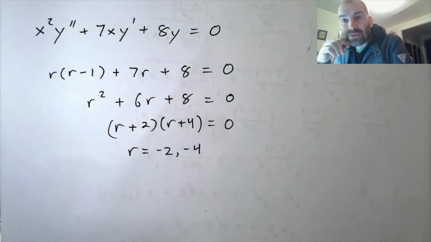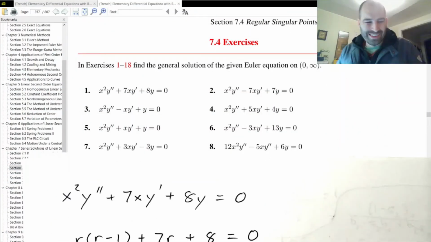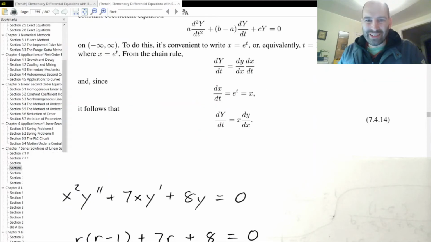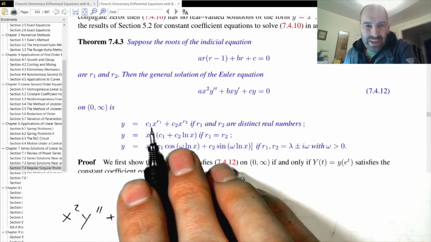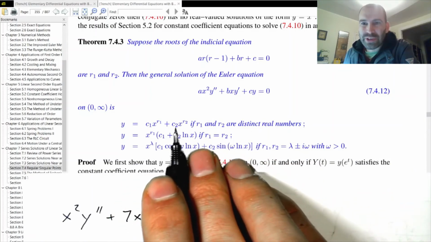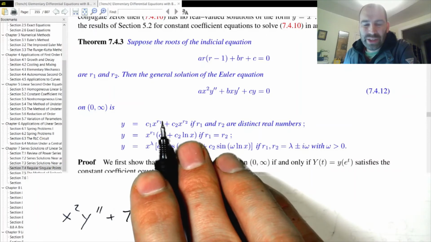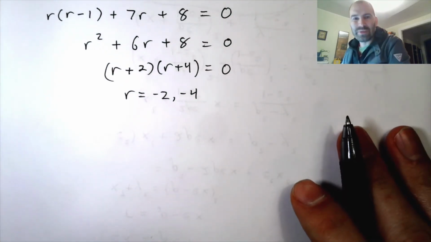So in the case of two real roots, what do we do? Where did our theorem go? Here we go. In the case of two real roots, we are going to use this formulation for the solution: C1 times x to the r1 plus C2 x to the r2, a linear combination of those two terms, right?